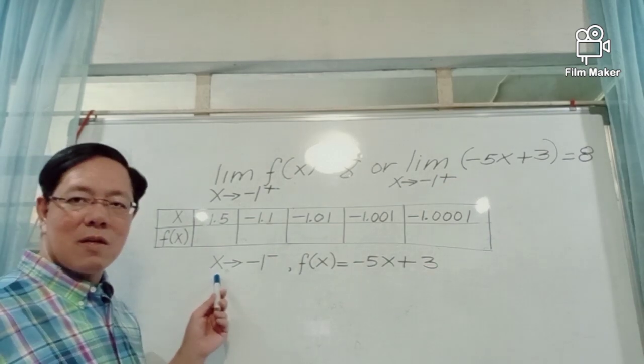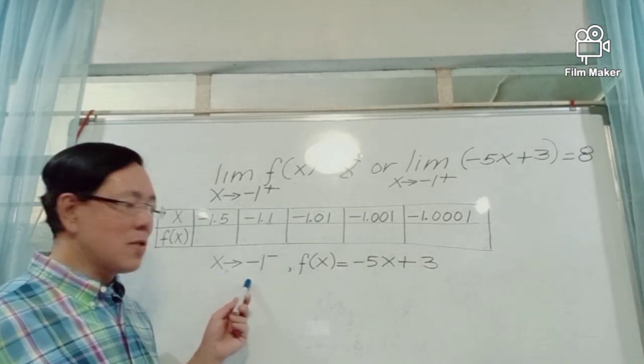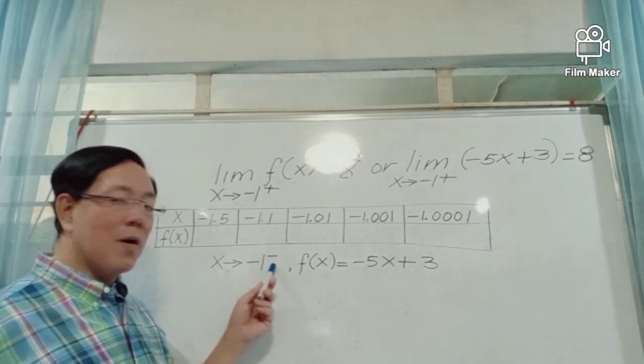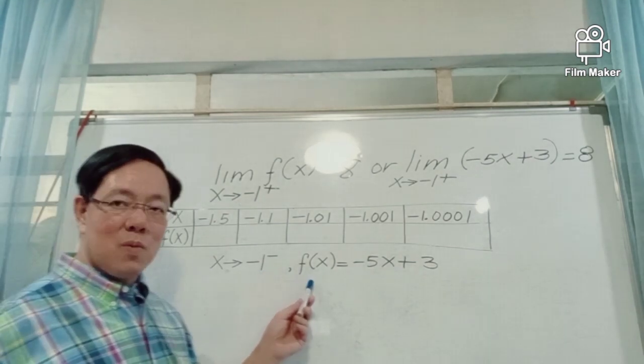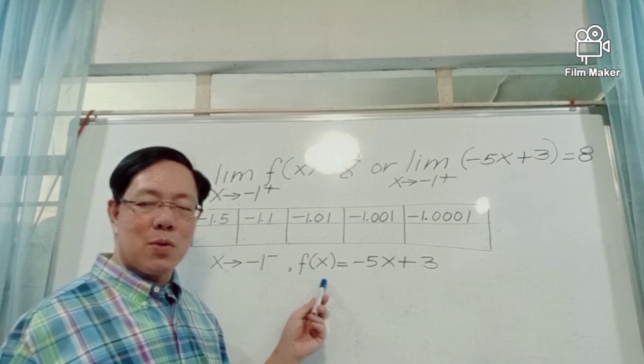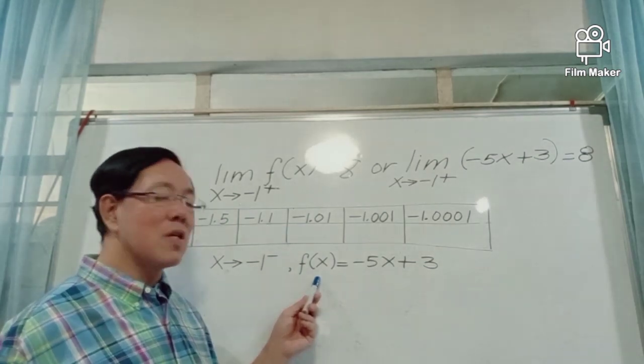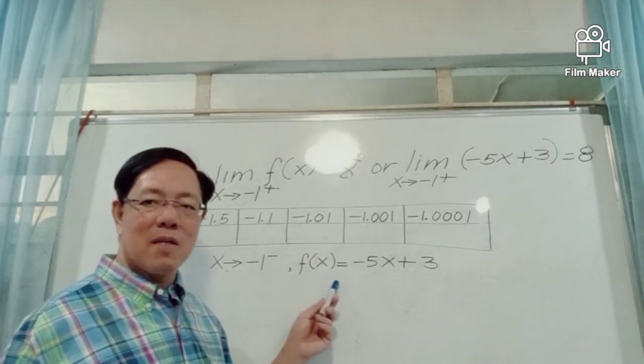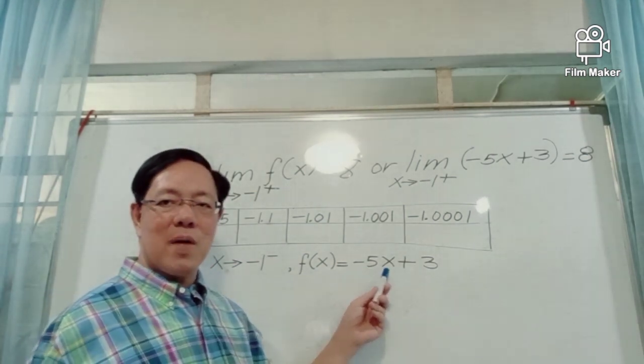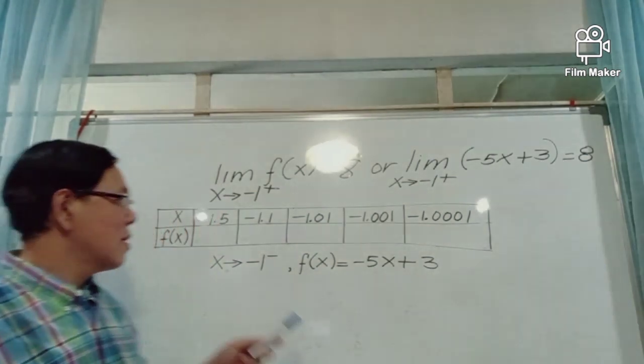But these values of x are getting closer and closer to negative 1 from the left. And we now investigate what happens to the values of the function f of x equals negative 5x plus 3.